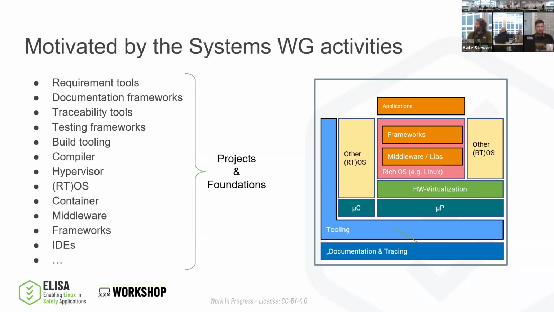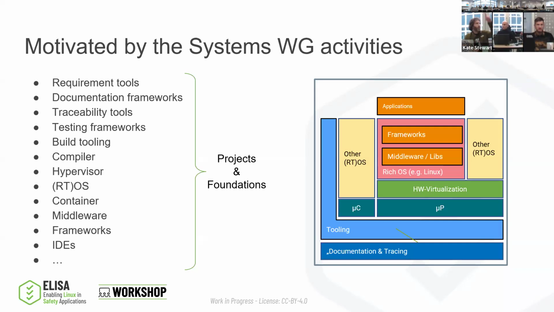Some part of it, which you can see here, is basically what we have been seeing in some of the presentations, with the system setup, with the microprocessor, microcontroller, and tooling part. I extended it slightly, put in frameworks, middleware, libs, put the applications on top, and put documentation and tracing at the bottom.